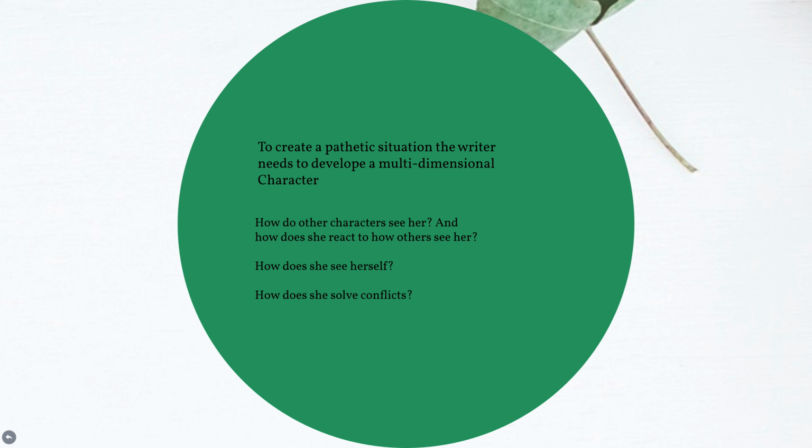The second source of a dimension for a character would be how other characters in the novel see this character. For example, Lupito, we get to see Lupito mainly through the discussion of Narciso, who sees him as an old buddy who used to drink with him.